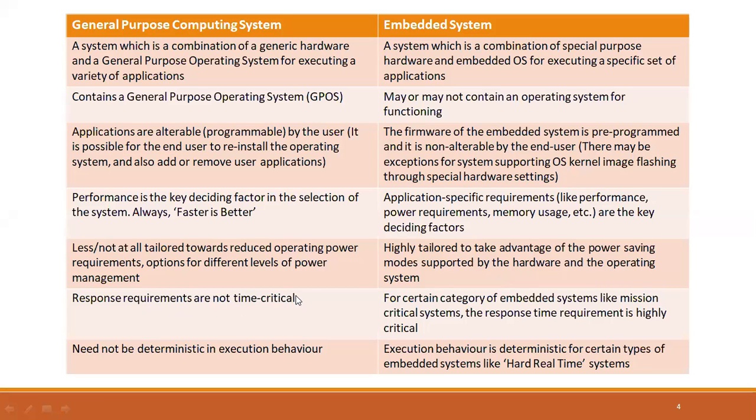And response requirements are not time critical in a general purpose computing system, so you are not looking for time critical applications there, right? For certain categories of embedded systems, like mission critical systems, the response time requirement is highly critical. You are looking for highly critical systems.